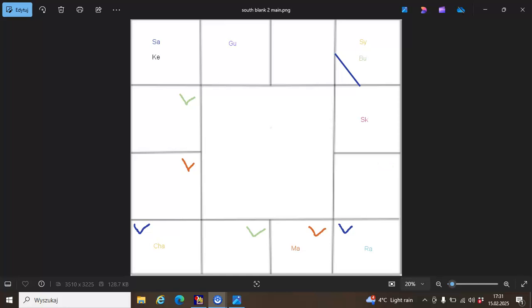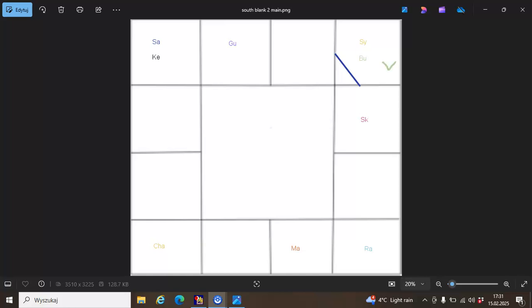Mithuna is an odd sign, so that's why our Mahadasha will go in clockwise direction. It will be clockwise and direct. And we'll start counting our Mahadasha years from the first Mahadasha, which is the Mahadasha of Mithuna or Gemini.